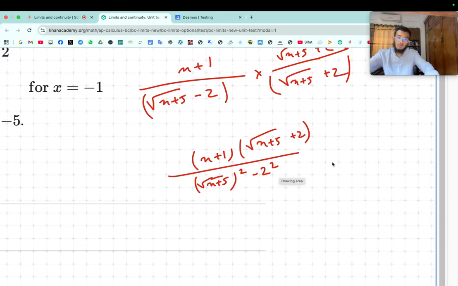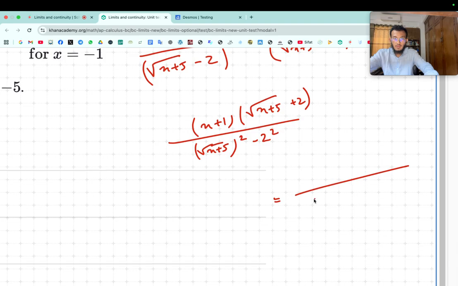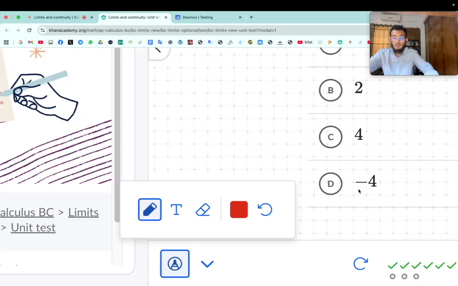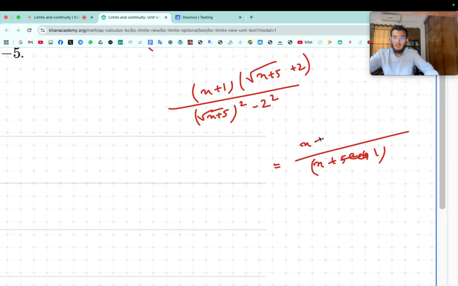And then simplifying further, we have this thing squared, so the root gets out, so x plus 5 minus 2 squared, which is 4. So 5 minus 4 is 1, so we can write x plus 1, and this x plus 1 gets cancelled out with the numerator x plus 1.